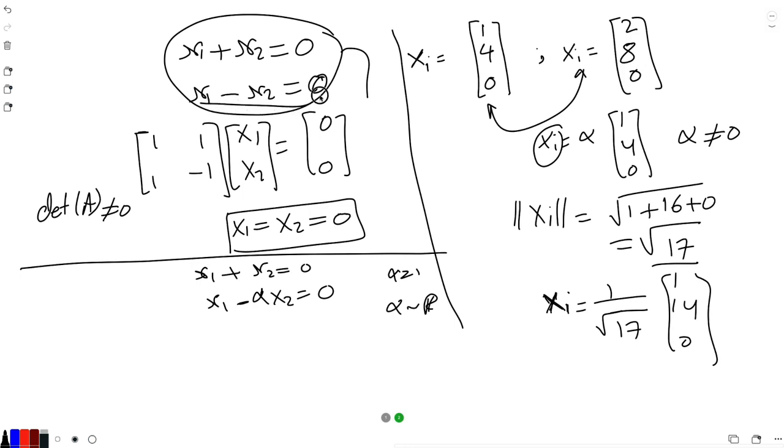For example, from the second equation, you can say that x1 equals x2, and if you substitute it here, it will be 2x1 equal to 0, so x1 equals 0 and then x2 equals 0. This is the only solution that you can have from this equation. However, usually we are not interested in this trivial solution where every x equals 0.